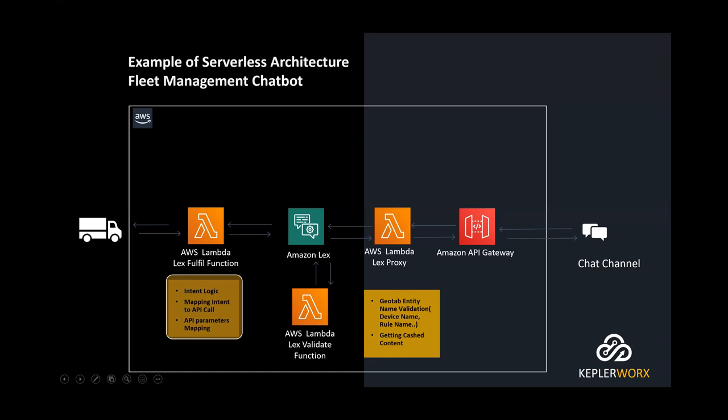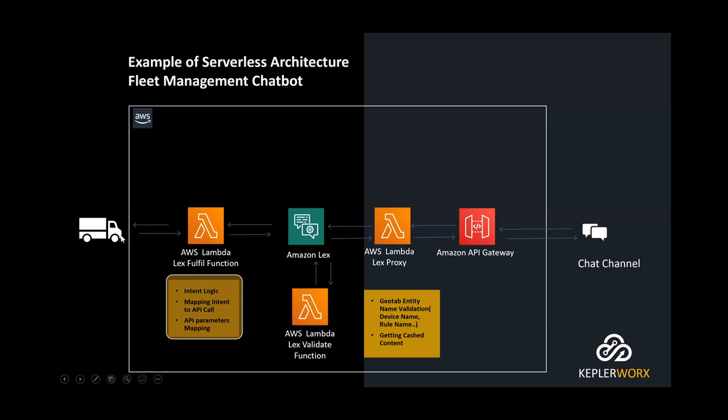So the flow will be again from a chat channel: get me the location of my BMW X5. That chat message will go through an API to a Lambda function, which will talk to Lex. Lex will understand the meaning of the statement and the intent, what we call an intent in the chatbot language. It will validate it, and then it will invoke a Lambda function, which will call the API.